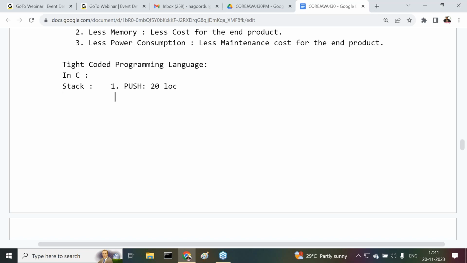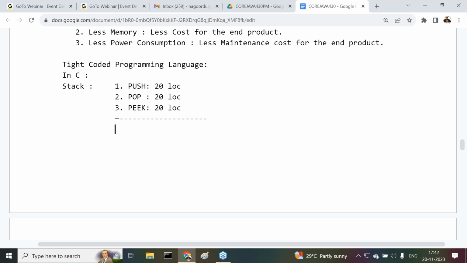To perform the pop operation, how many lines of code on average? Again 20 lines of code. For the peek operation, again nearly 20 lines of code.